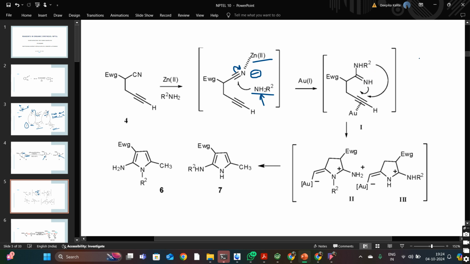So an imine intermediate of this type, which is again containing the terminal alkyne fragment.